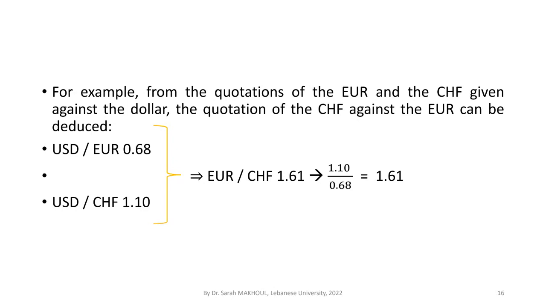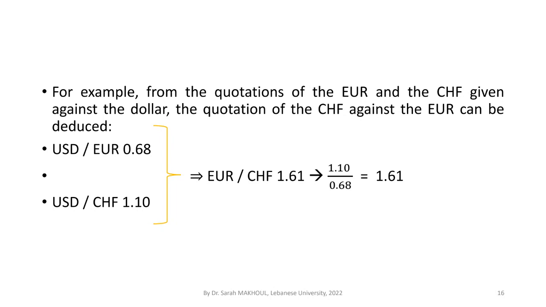So if I gave you US dollar/euro 0.68, for example, those are examples, and I gave you the USD/Swiss franc, all we have to do is the cross rate calculation, and you will have the value of one euro against the Swiss franc.